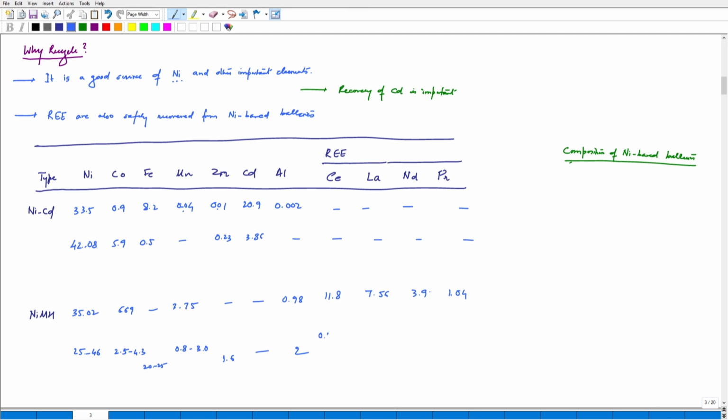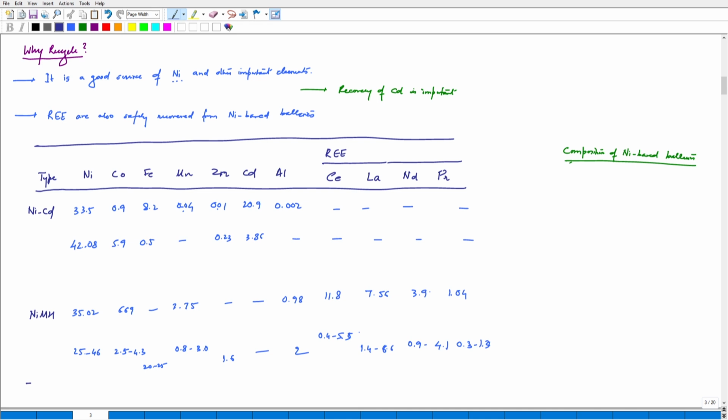Again given in a range: 0.4, 5.5, 1.4 to 6.6, 0.9 to 4.1, 0.3 to 1.3.